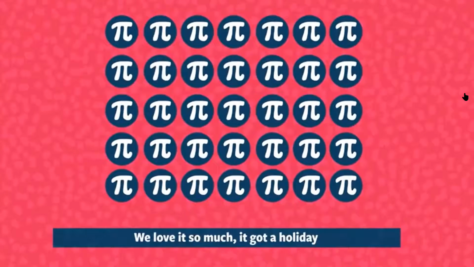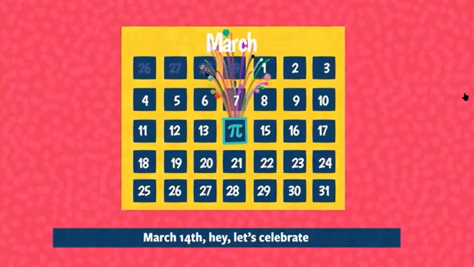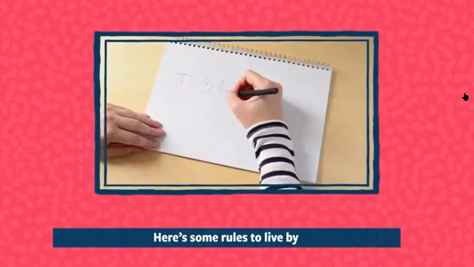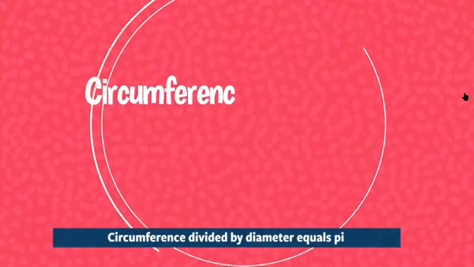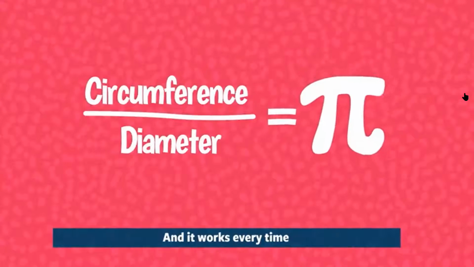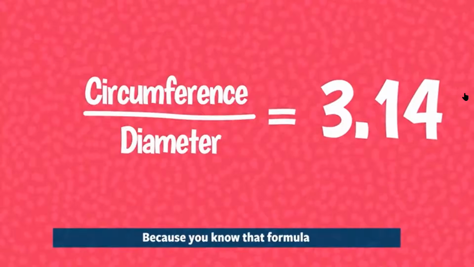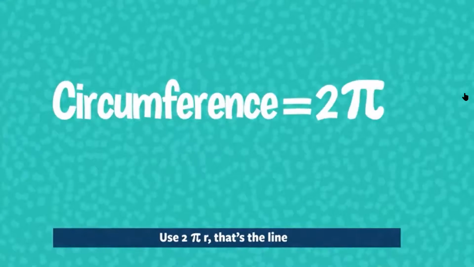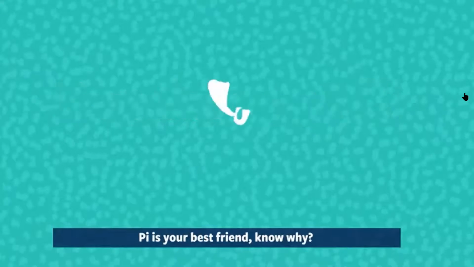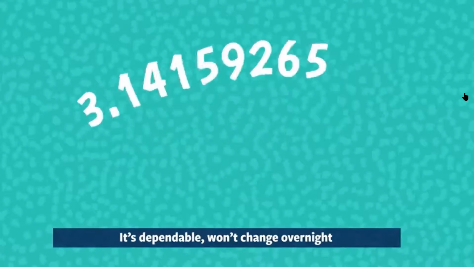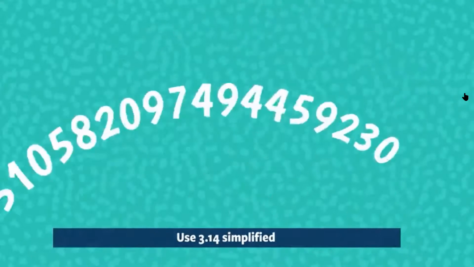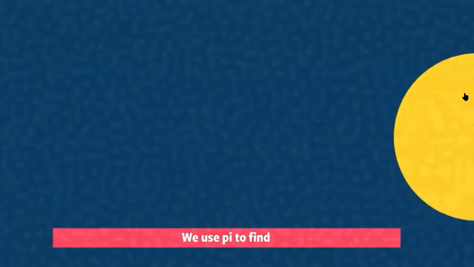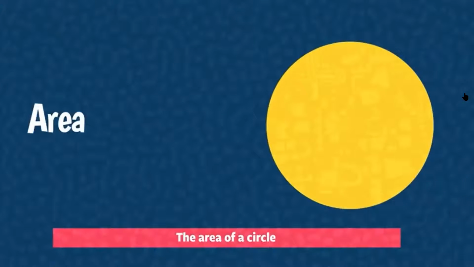Ain't it great? We love it so much we got a holiday. March 14th, hey, let's celebrate. Here's some rules to live by. Took a few notes, you give it a try. Circumference divided by diameter equals pi, and it works every time. Because you know that formula, it's never too hard to memorize. Wanna find the circumference? Use 2 pi r, that's the line. Pi is your best friend, know why? It's dependable, won't change overnight. And an irrational number, it never ends. Use 3.14 simplified. We use pi to find the area of a circle.